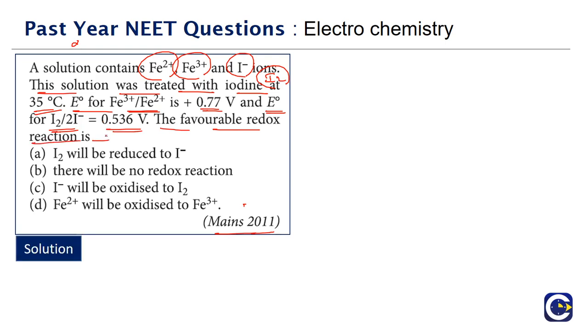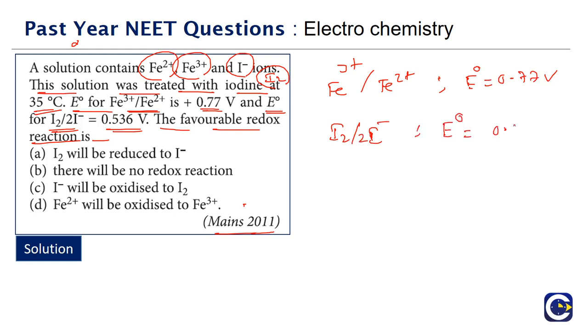So if you look at this, Fe3+ to Fe2+, the E0 value is given as 0.77. Next is I2 becoming 2I-. Here what is the E0 value? 0.536. So which is the higher?